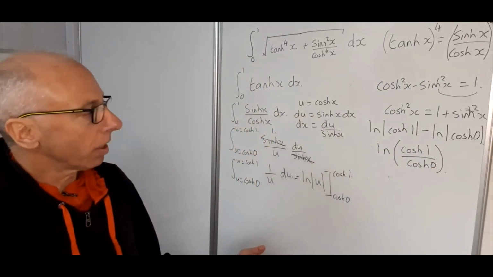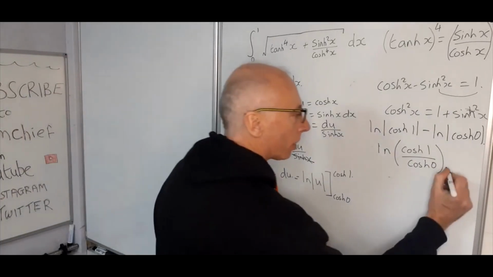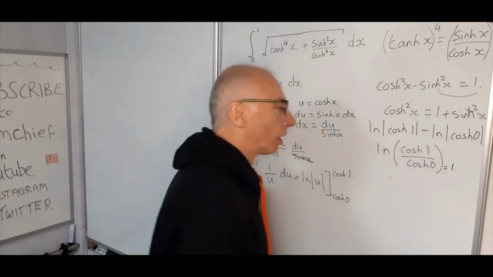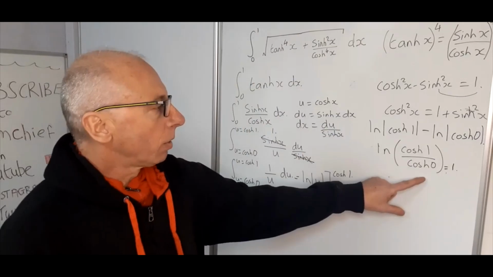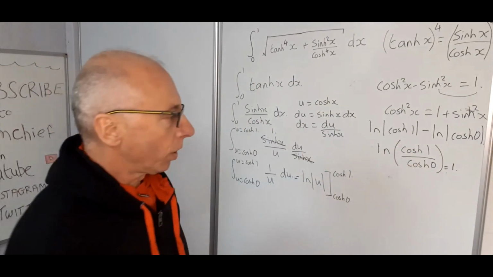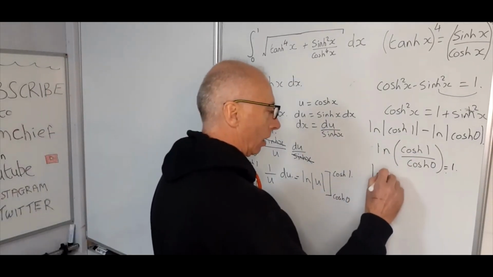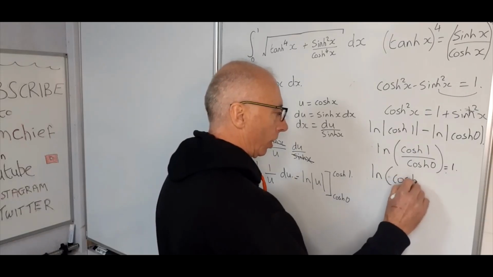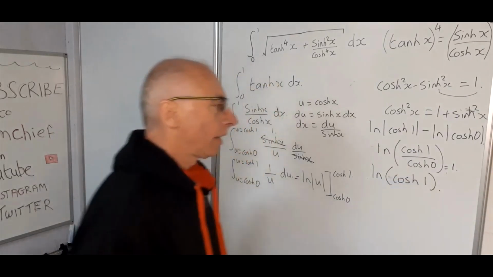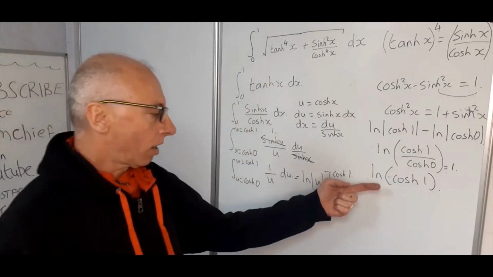Now cosh of 0 we know is 1, so now all we're left with is ln of cosh of 1. And that is good as our answer.